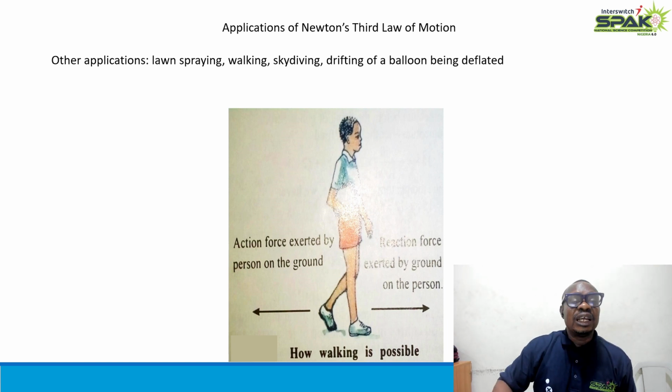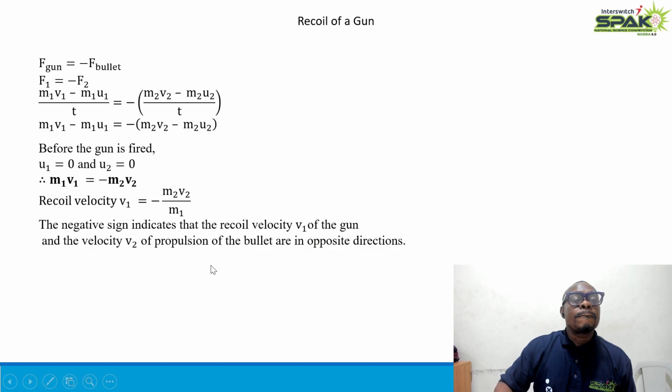Okay, so right here we have m1v1, that is the final momentum of the gun minus the initial momentum of the gun over time. Then here we have the final momentum of the bullet minus the initial momentum of the bullet over time. But this occurs at the same time interval, so they both cancel each other.